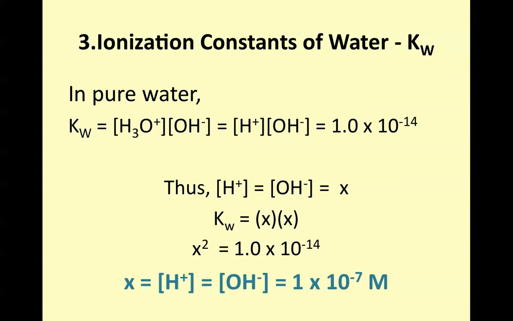So we know that if we are working with our two formulas for Arrhenius and Bronsted-Lowry, both of these have to equal 1 times 10 to the negative 14th. Now, if we set this up and find the concentration of our proton or hydroxide, they have to be equal to each other, based on the fact that for every 1 water that breaks down, we can set each of those concentrations to 1 times 10 to the negative 7.